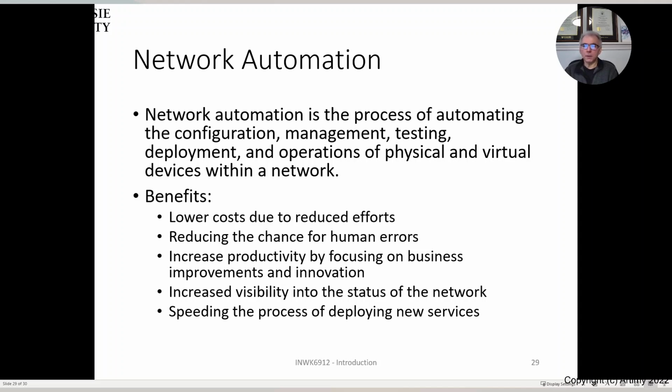If you know how much time it takes to log into a router and configure it manually, it takes a long time. Multiply that by how many routers you have in the network, that's a lot of time. If you do automation, that will reduce the time, the cost, and the effort as well.